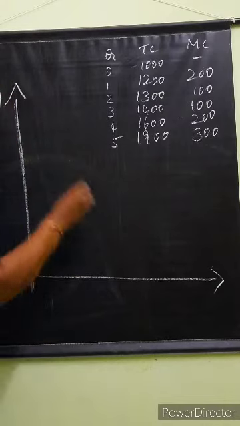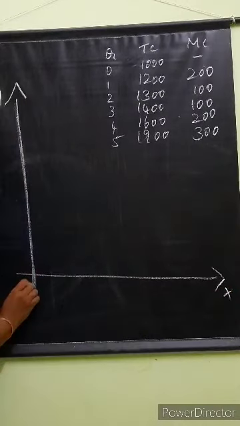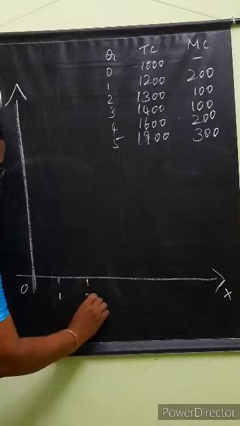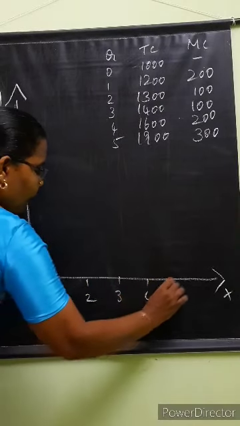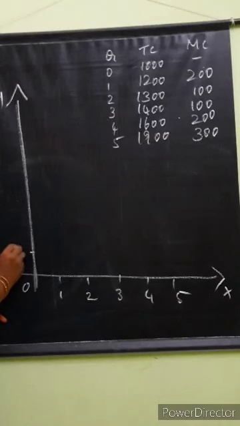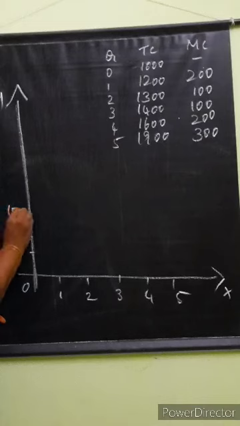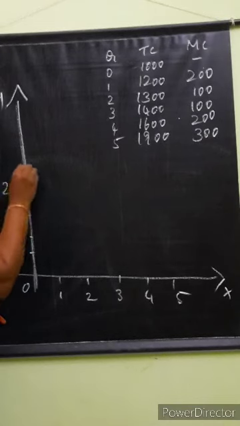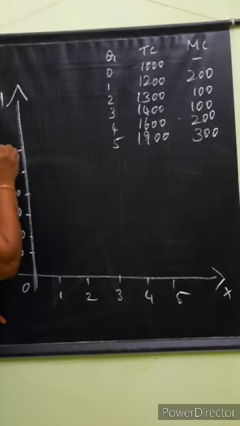MC curve, I am going to draw. As usual, 1, 2, 3, 4, 5. Here I am going to draw 50, 100, 150, 200, 250, 300.